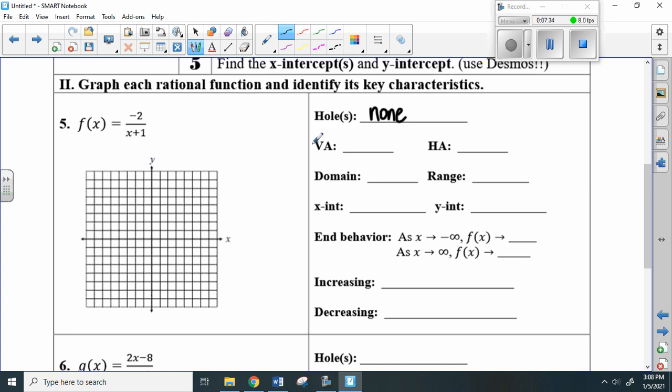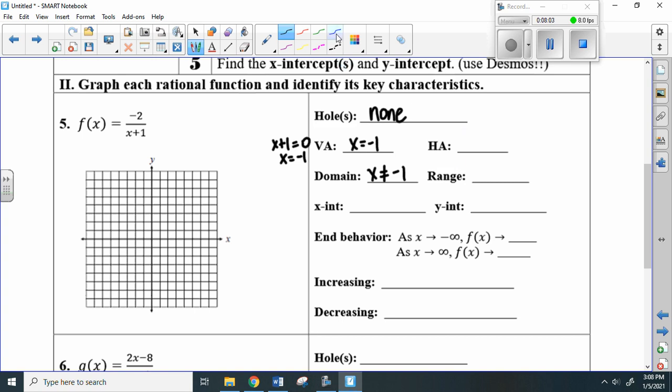For my vertical asymptote, the rule says set the bottom factor, or factors if there's more than one, equal to 0 and solve for x. And that is my vertical asymptote. And just like before, if that's my vertical asymptote, then my domain is automatically x cannot equal that number.